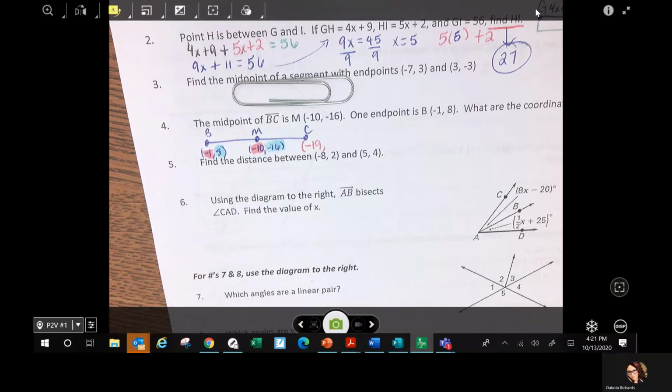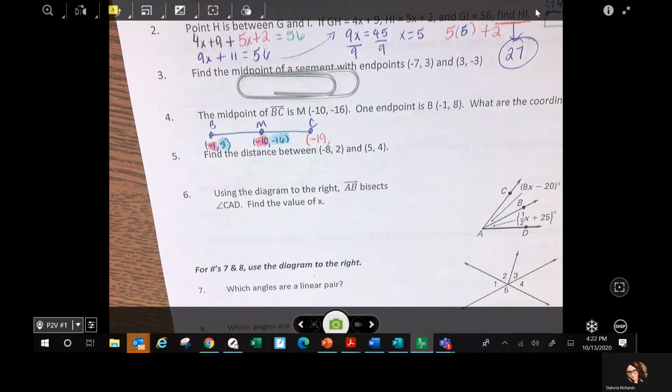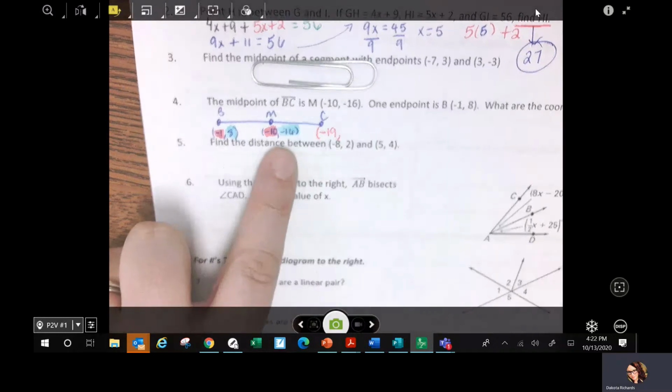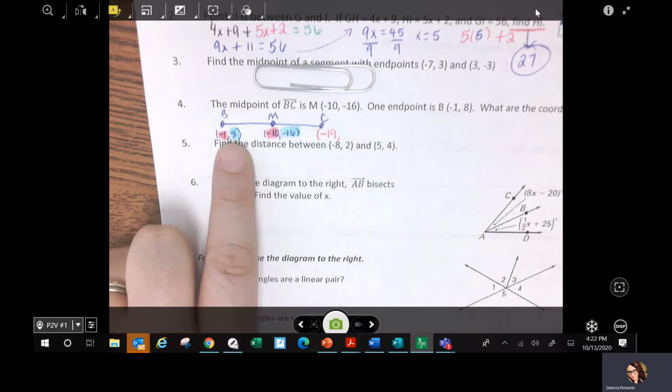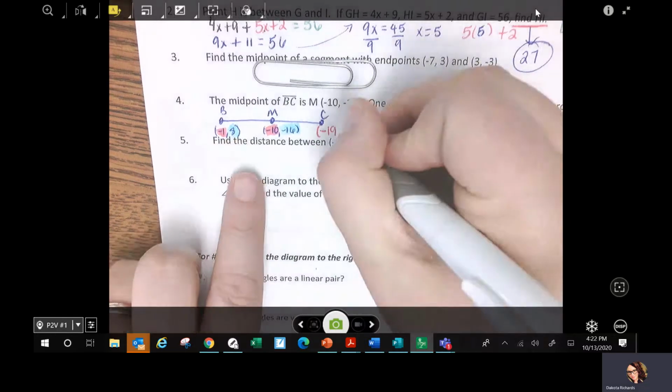All right. So if you added 24 to get from negative 16 to 8, you are going to subtract 24 to get to this side.